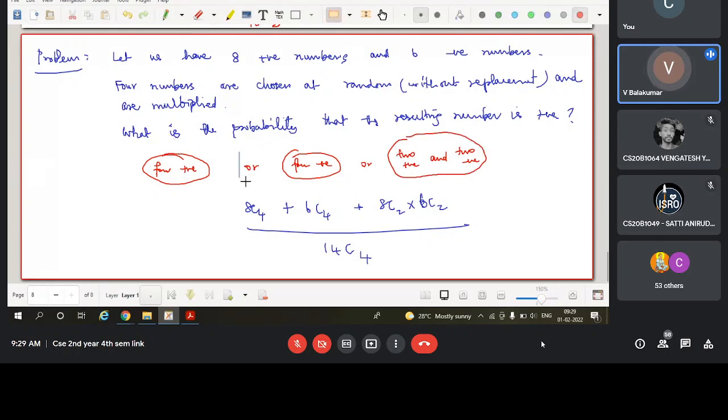Instead of this "or" symbol, you write this plus. Whatever I have written in red color is rough work. All 4 chosen numbers can be positive. In that case, the result is also positive. All the 4 numbers can be negative, meaning from the 6 negative numbers you can choose 4.